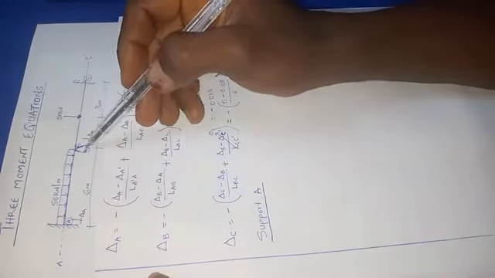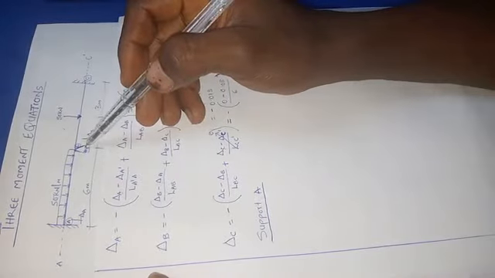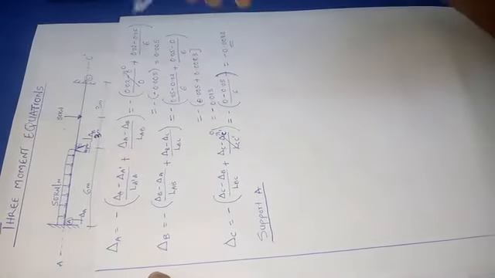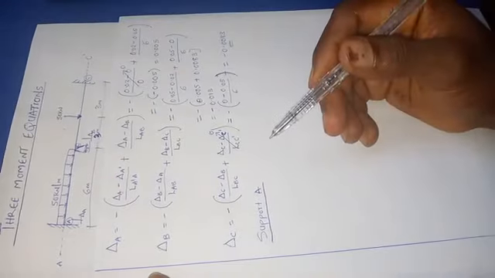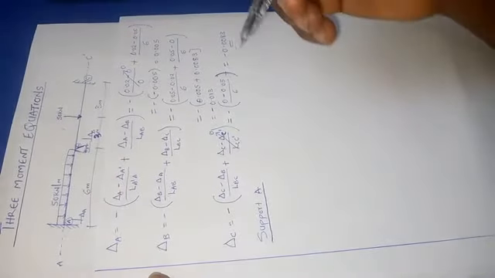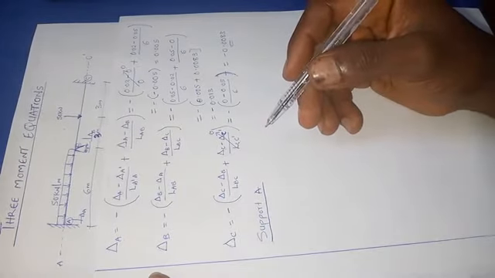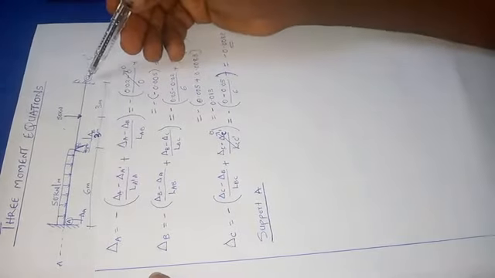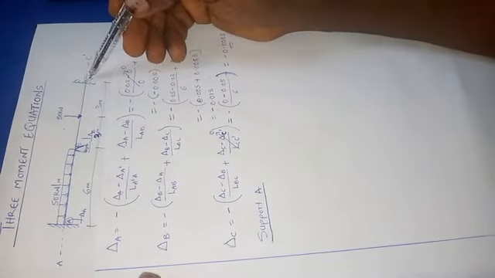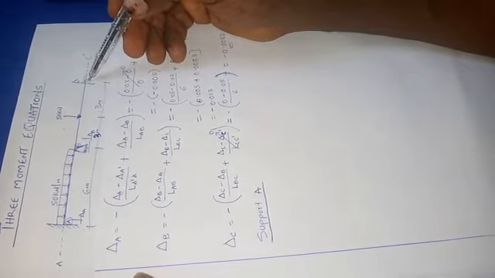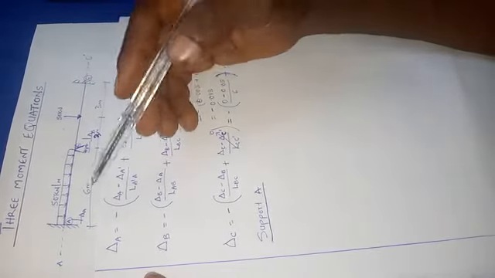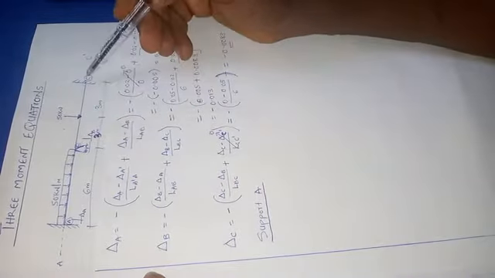At B, it is a roller support, so it's not supposed to have moment, but for the fact that it's in the mid-span of a beam, there would be a moment. Though at the end of everything, when I sum up my moments there, I'll still have it as 0. But then at C as well, I'm going to have moments. So that is the reason I'll be generating my 3-moment equations at support A, support B, and support C.